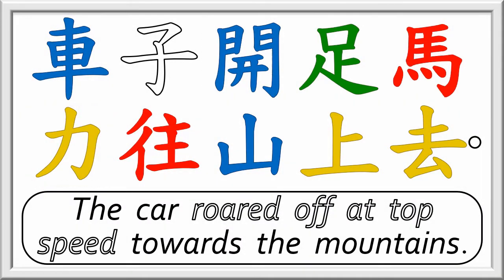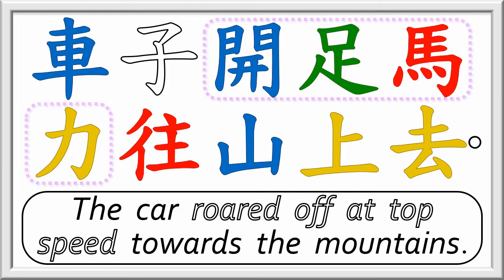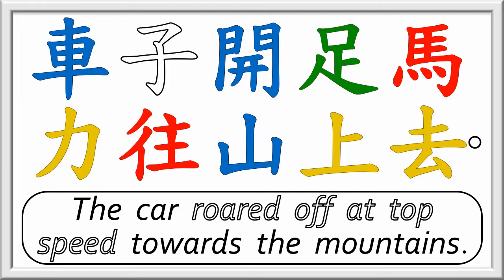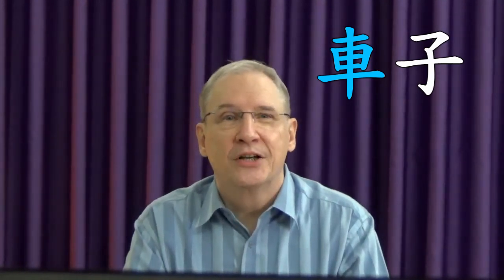The next sentence uses the literal phrase for horsepower, 马力. 车子开足马力往山上去. The car roared off at top speed toward the mountains. Notice that the single character 车 will often add the unstressed z to create an easily recognizable noun. 开足马力 literally means to drive at full horsepower.